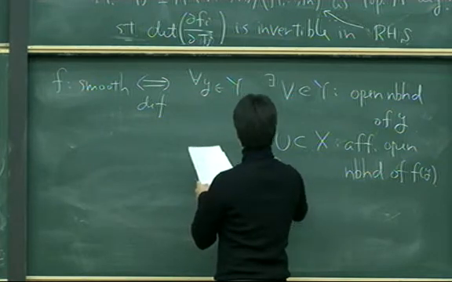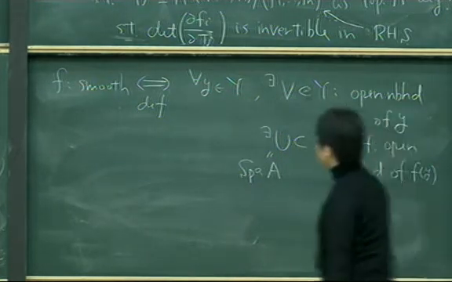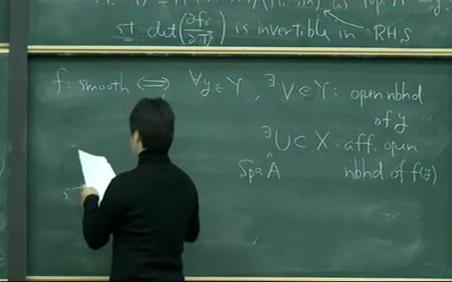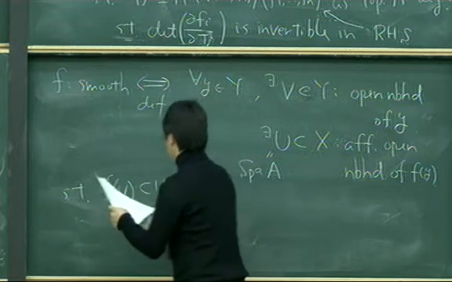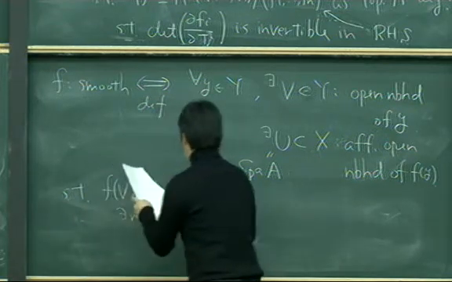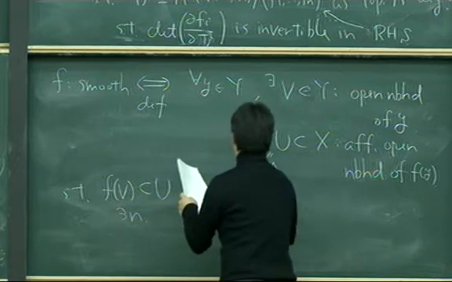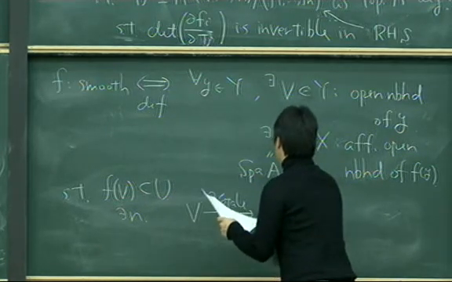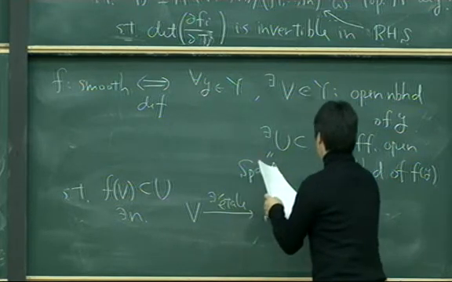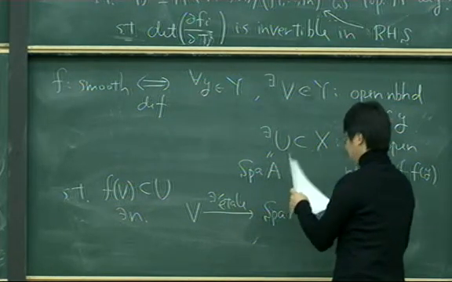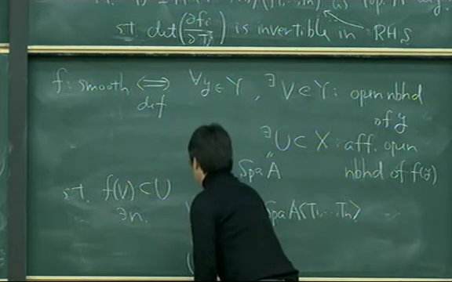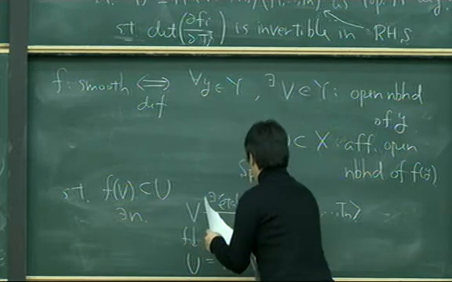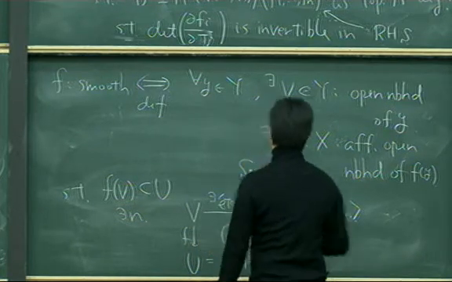We put U = Spa A, such that f(V) is contained in U, and for some n, there is an etale map from V to Spa A⟨T1,...,Tn⟩, and the composite to U is equal to Spa A. This commutes.